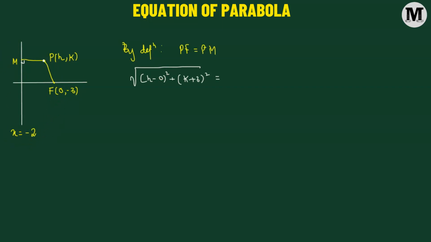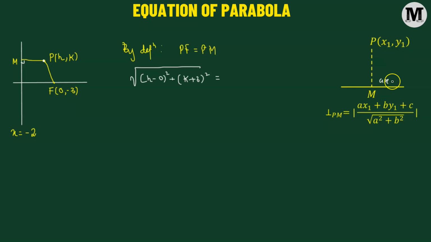So there's a specific formula to find out the perpendicular distance. Let's go through that formula quickly. So let's say we have a point P with the coordinates x1, y1, and we have a straight line with the equation ax plus by plus c equals 0. This is the equation of the line given in the general form. Then PM is going to be the perpendicular distance of the point P from the straight line, and this distance can be obtained by taking the absolute value.